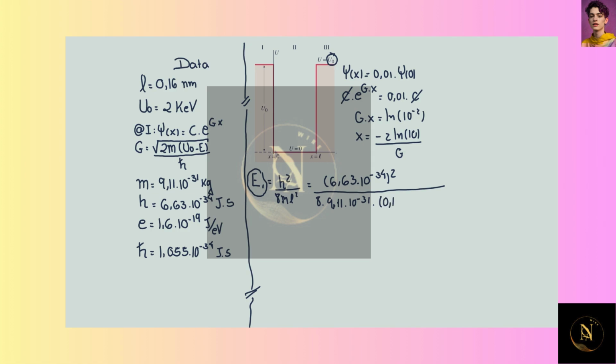L is equal to 0.16 times 10 to the minus 9 because of the nano prefix, and this will give us the energy. But this will give us an energy that is measured in joules.